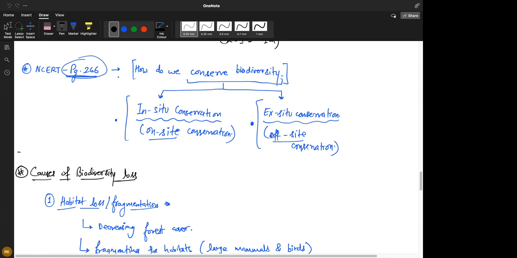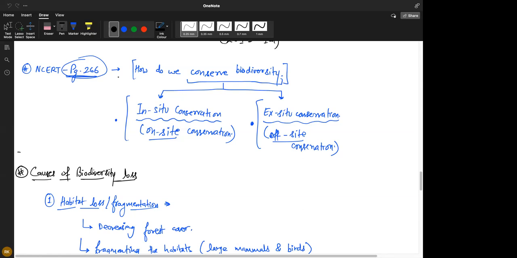Second point, there are many hotspots, like Western Ghats, Indo-Burma region, Himalayas, which have very high biodiversity. And then you talk about how to do it. To do it, you have to make biosphere reserves, national parks, and sanctuaries. These three methods are for in situ conservation.